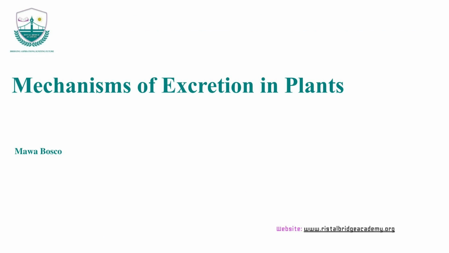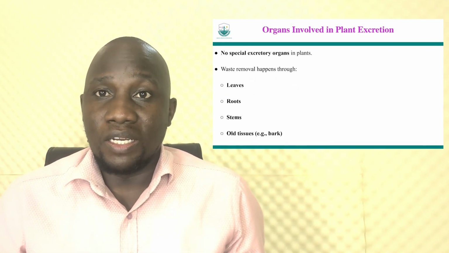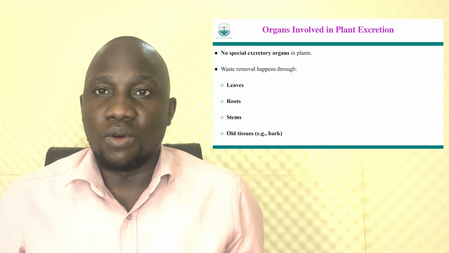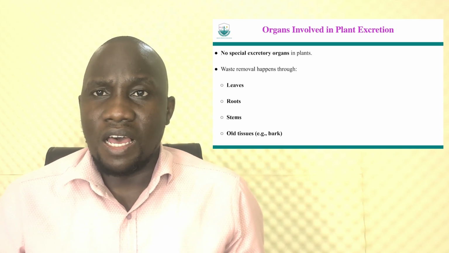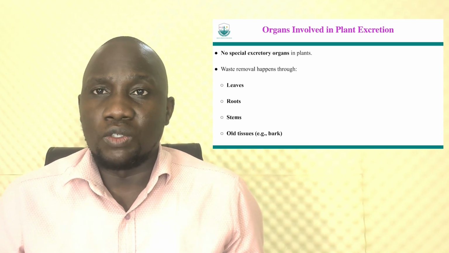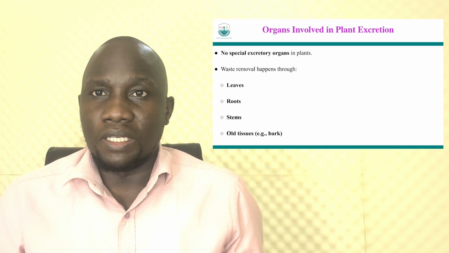Okay, so just as a matter of emphasis, we are not talking about a particular system that removes these waste products, but we are talking about different parts of the plant removing these waste products. And we have seen that these waste products are actually quite many, falling into categories of either liquids, gases, or even solids.